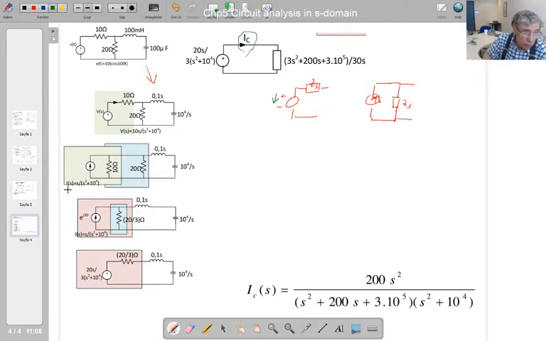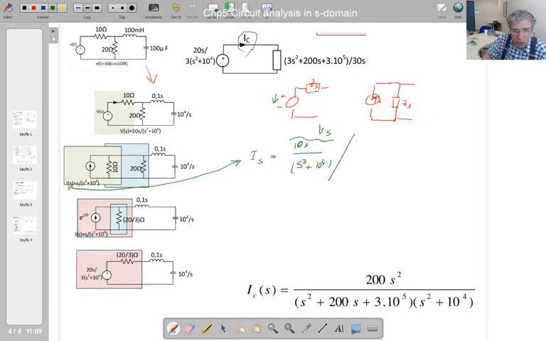So this IS is that VS, 10 over S. Oh, 10S, oh, I made a mistake, sorry. 10S over 10, so that is VS.